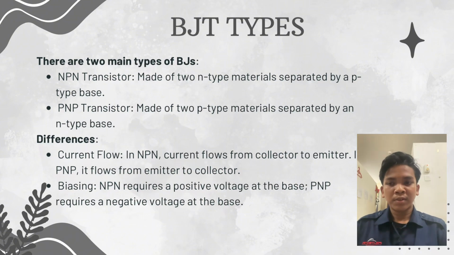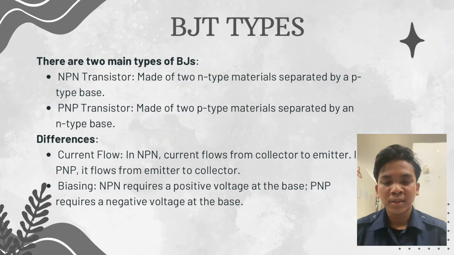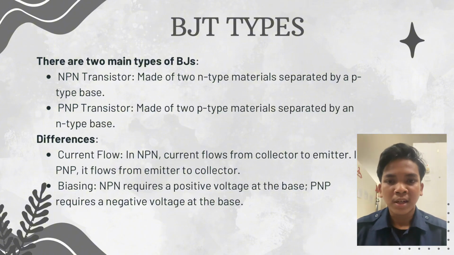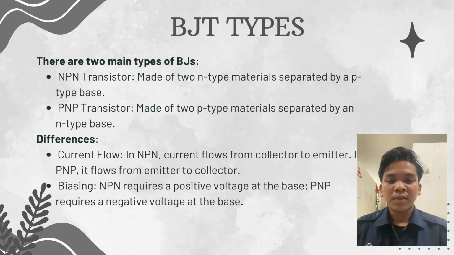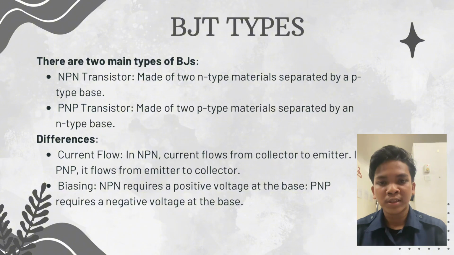For the differences between these two main types of BJTs, the first one is that in NPN, current flows from collector to emitter, while in PNP it flows from emitter to collector. And the next is that NPN requires a positive voltage at the base, while PNP requires a negative voltage at the base.